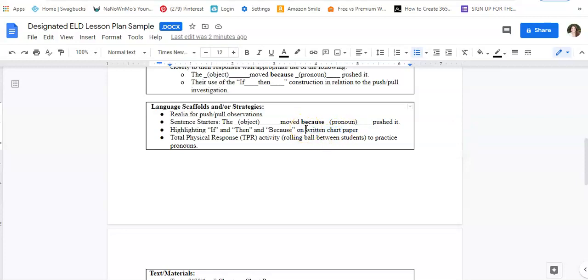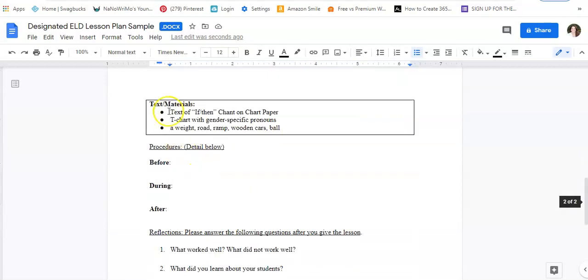And I might specifically say that on a written anchor chart. So to support students, one of the strategies is to have the sentence stems and the if-then statements up on an anchor chart where they can refer to. And then the total physical response, TPR activity, which would be rolling the ball or different objects. And then here are your text and materials, and that's it.